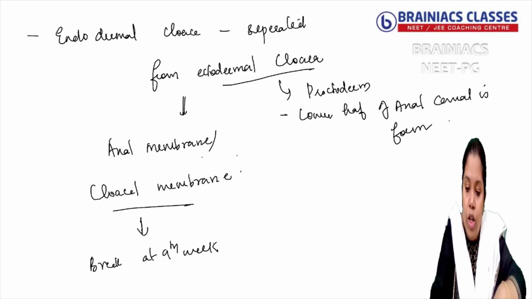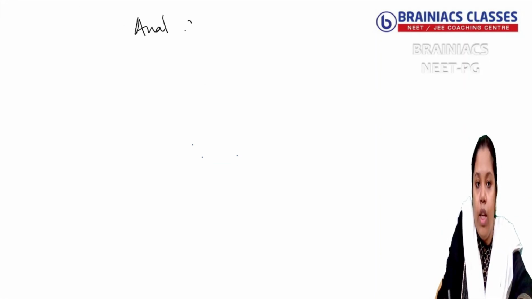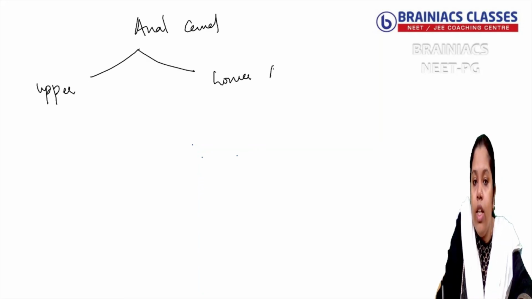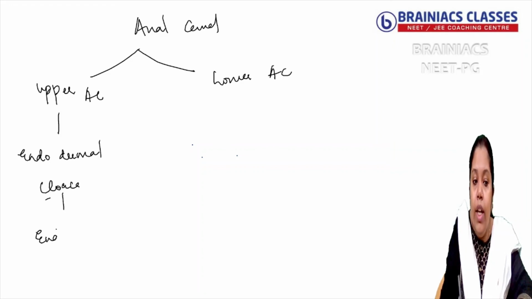If you take the development of the anal canal, you have an upper anal canal and a lower anal canal. The upper anal canal is formed from which part? It is formed from the endodermal cloaca, which means it is an endodermal derivative.